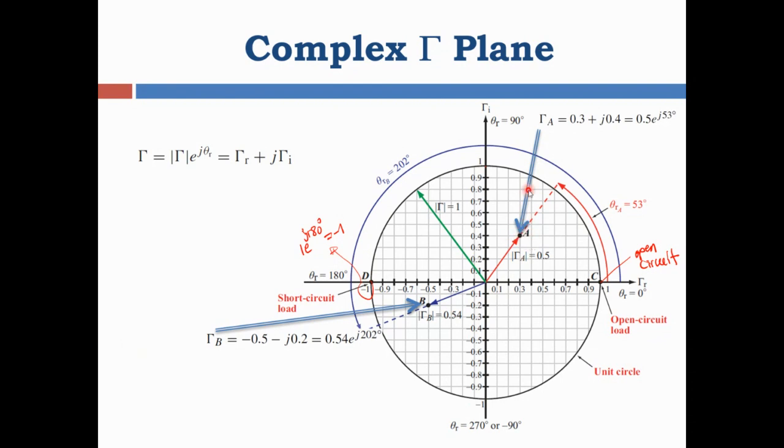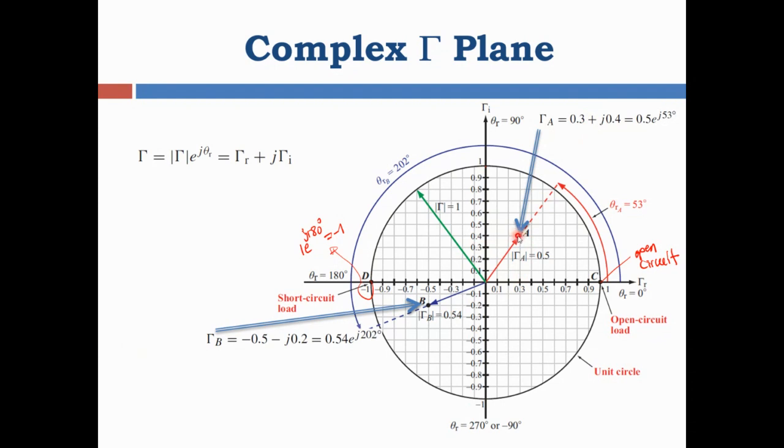For this one, the gamma is based on the load: real part of 0.3, imaginary part of 0.4. So we connect 0.3 real part and 0.4 imaginary part, and the intersection of the 2 is going to be the reflection coefficient.